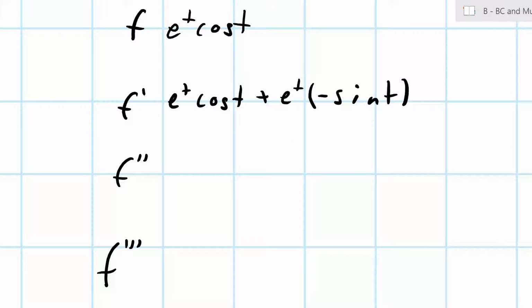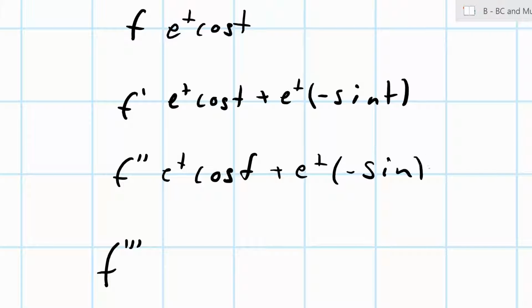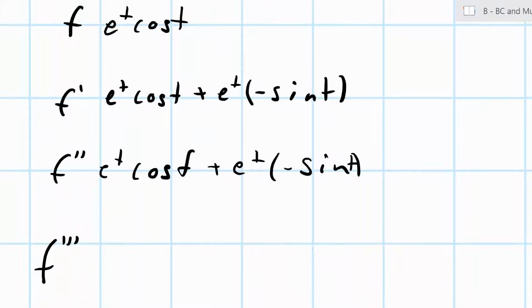Then after that, you would get e to the t cosine of t plus e to the t negative sine of t. And then you would also have to take the derivative of this part, that's just the derivative of this part, but you would also have to take the derivative of this part.